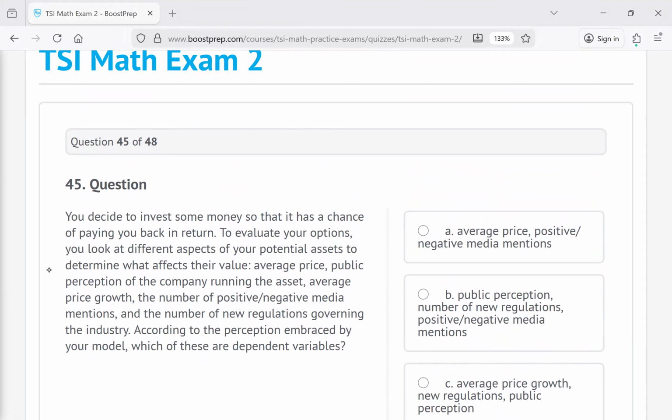To evaluate your options, you look at different aspects of your potential assets to determine what affects their values: average price, public perception of the company, running the asset, average price growth, number of positive/negative media mentions, and the number of new regulations governing the industry. According to the perception embraced by your model, which of these are dependent variables? I think dependent means Y, right? So which one of these could represent a Y value?